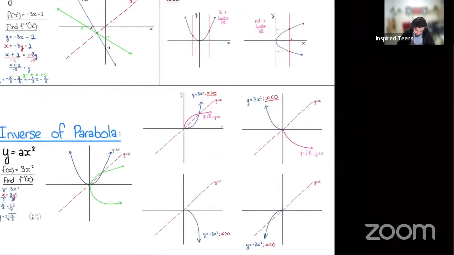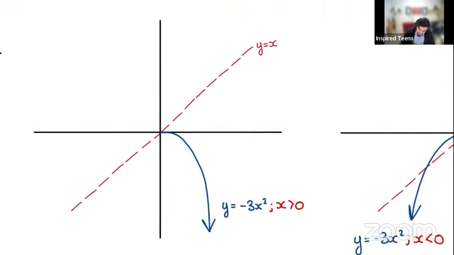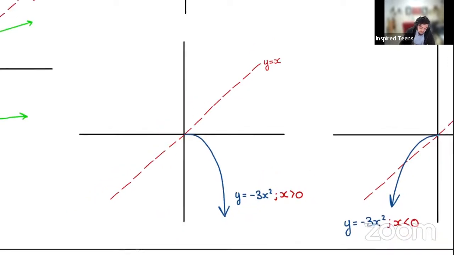So let's have a look quickly. If we had negative x squared, remember the sign of a in a parabola indicates smiley face or sad face. So that's what's replicated here. Now we have sad face, and it's below the x-axis.